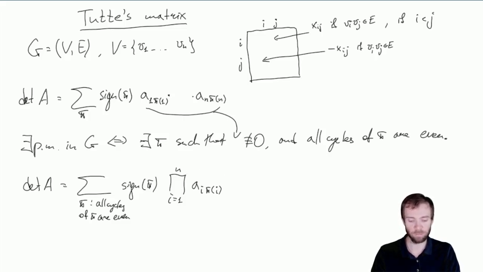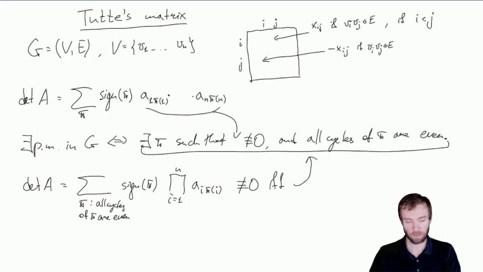We would have different combinations of variables here. And such monomials cannot kill each other. So in the end, this is not identically zero if and only if there exists such a permutation, and this permutation exists if and only if there is a perfect matching in our graph G.